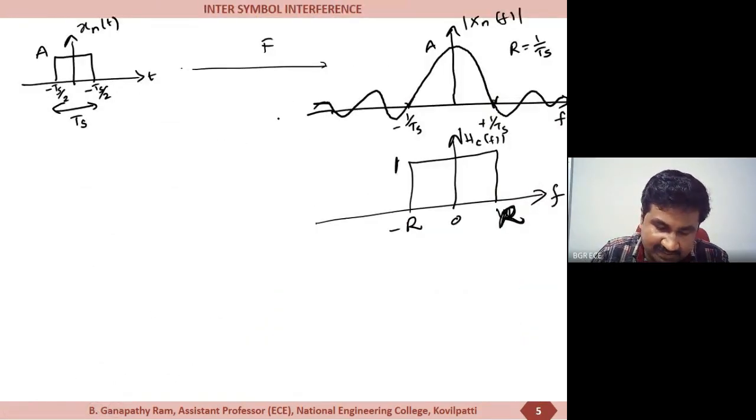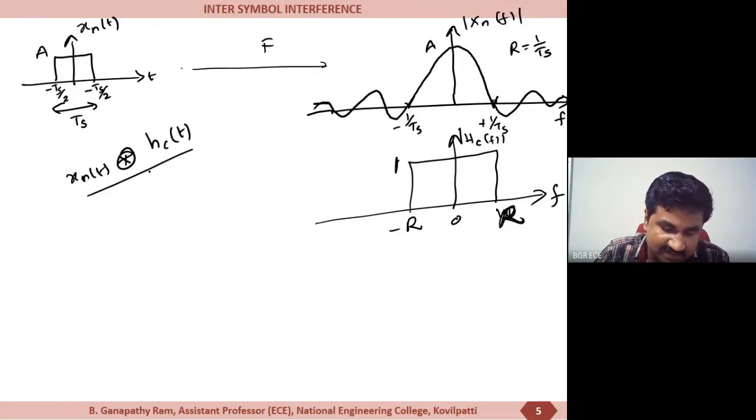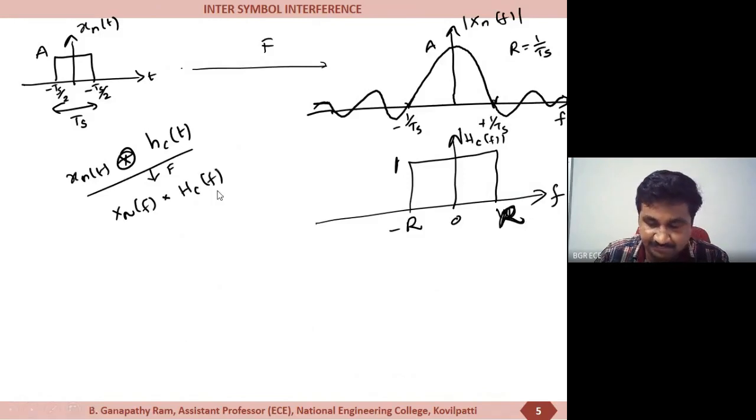So if xn of t is convolved in time domain with the impulse response of the channel, then in frequency domain it is multiplied: Xn of f is multiplied with Hc of f.